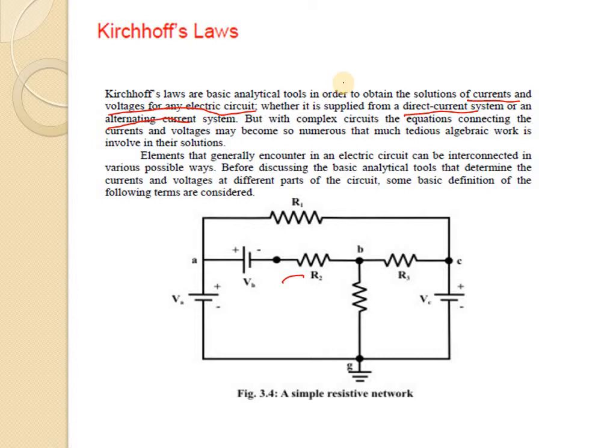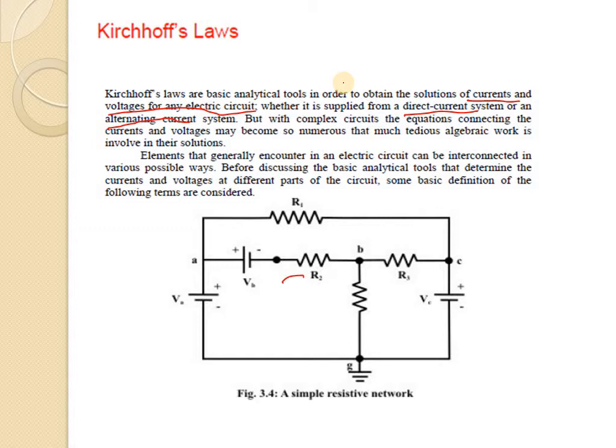But with a complex circuit, the equations connecting currents and voltages may become so numerous that much tedious algebraic work is involved in their solution. When the network is much larger, it contains different types of loops and meshes, or different branches, and then by using Kirchhoff's laws, the algebraic equations become very large and difficult to solve.